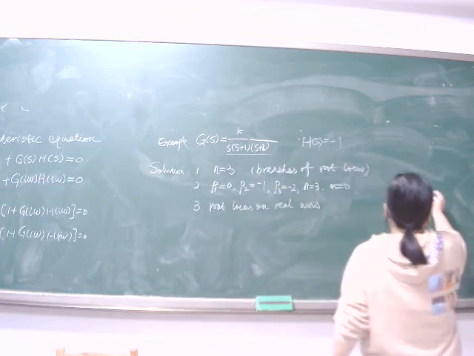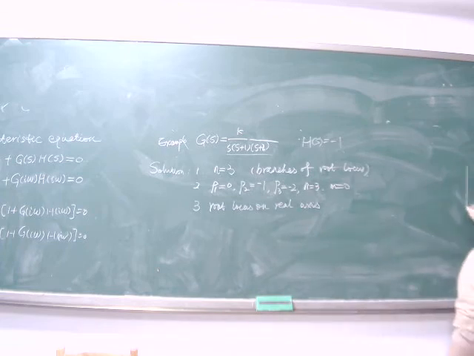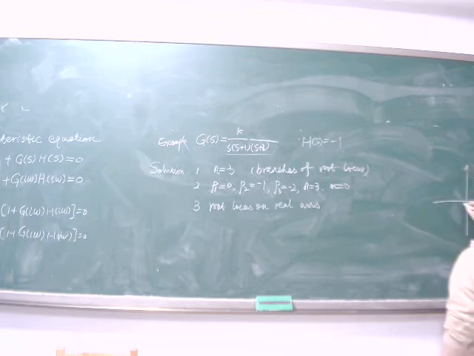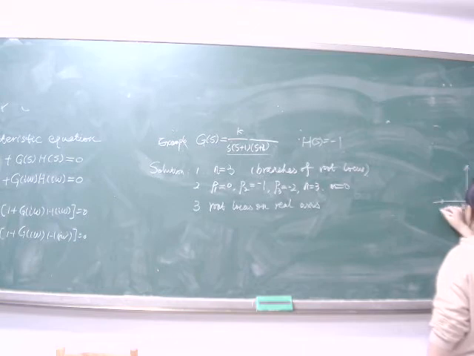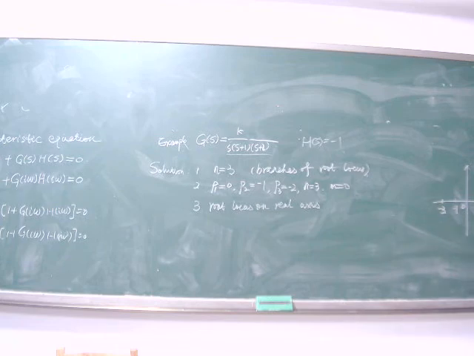We can see here 0, -1, -2. There are three points. There are 3 points on the real axis.